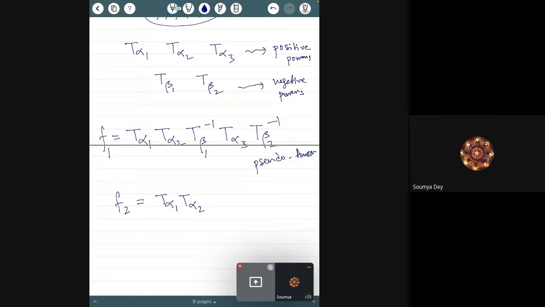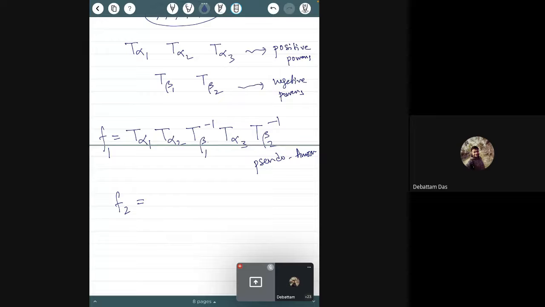Tell me, just change the position of T beta 1 to T beta 2. I don't understand, can you tell me one example? Every one of them should appear, anywhere. The ordering is up to you, but at least once.